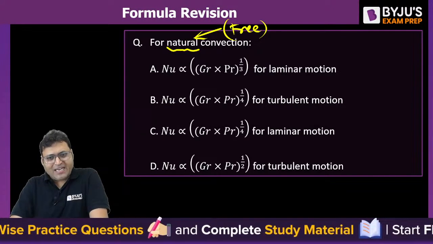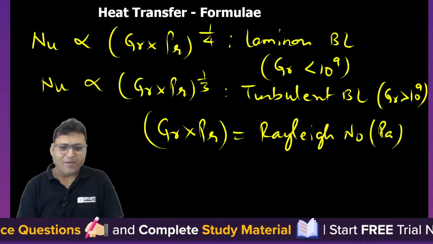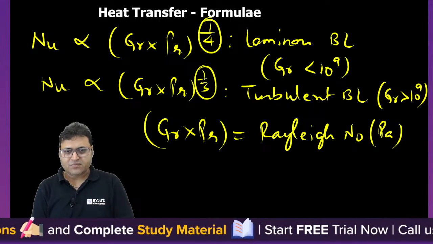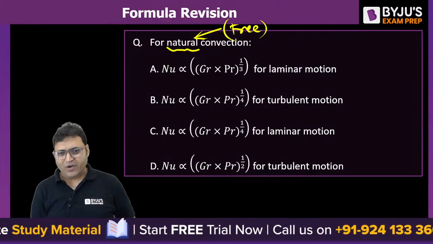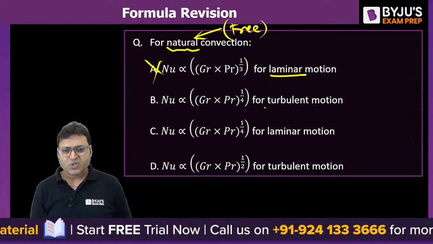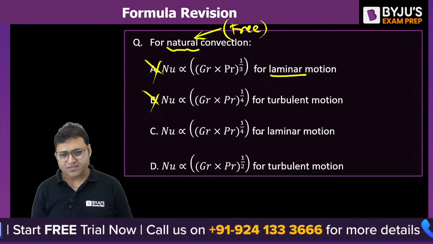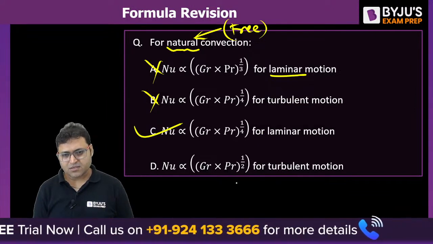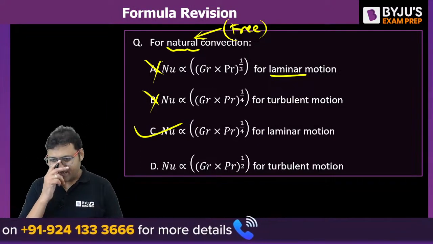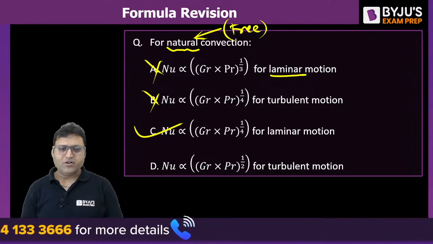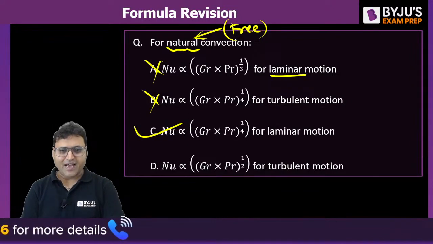For turbulent, it is 1 by 3. For laminar boundary layer, it is 1 by 4. C is the correct answer. Yes, well done. Good, C is the right answer.